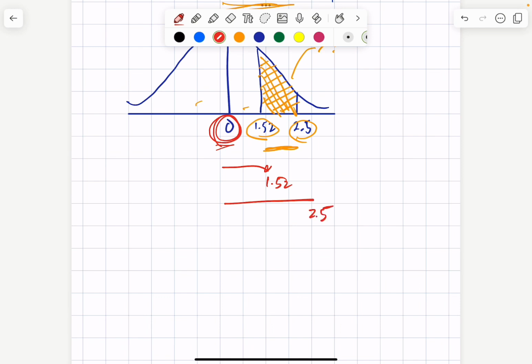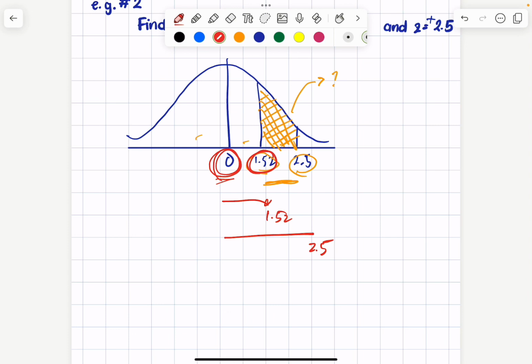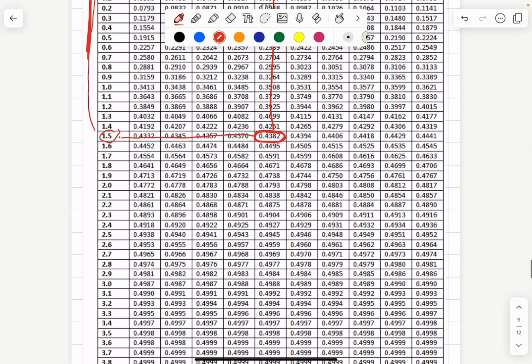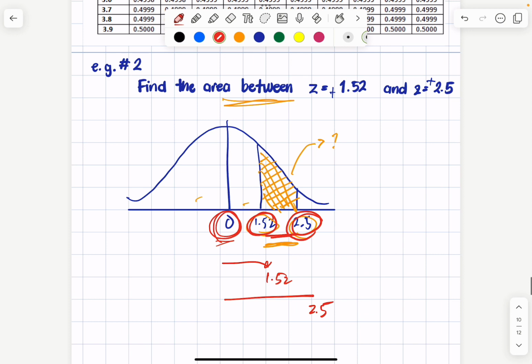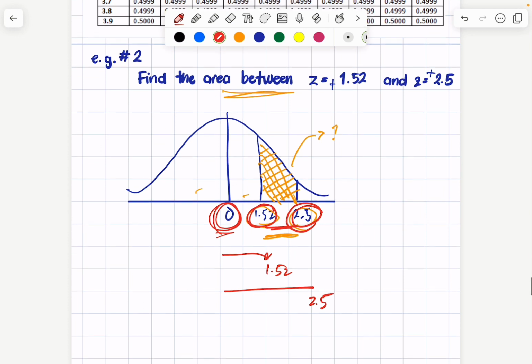Wala na siya niingon din ha nga area gikan ni 1.52 taman diri ni 2.5. Wala na niya gihatag dinhi sa table. So imuha pa na siyang sulbon. So any ideas unsaon dayon siya pag-solve? So you may like pause the video and then you try solving, or you may solve with me.